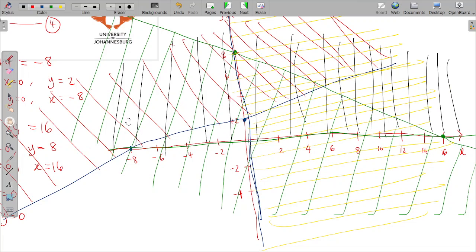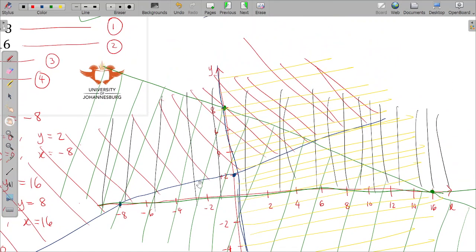All right, from our shading now, you will discover where we have the intersection of everything. The intersection of everything is this side, this one, this one, this one, and this one.